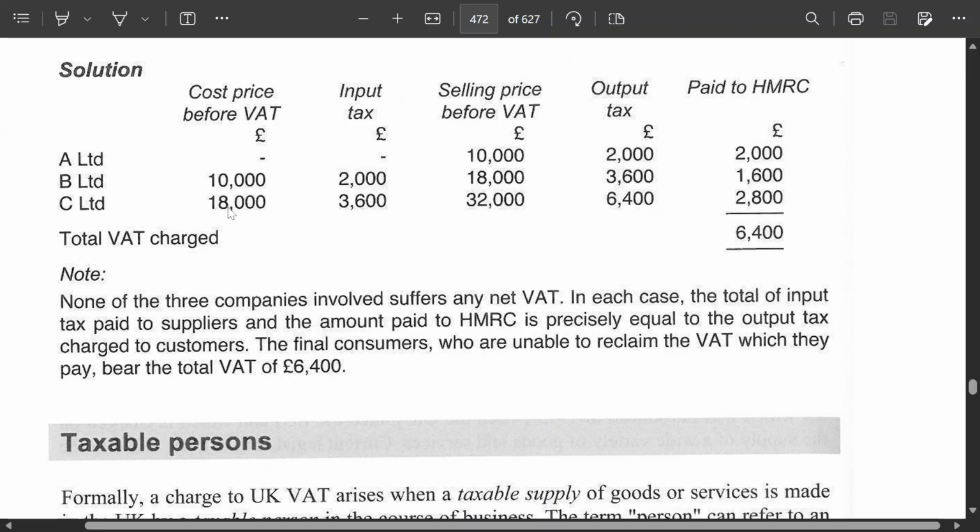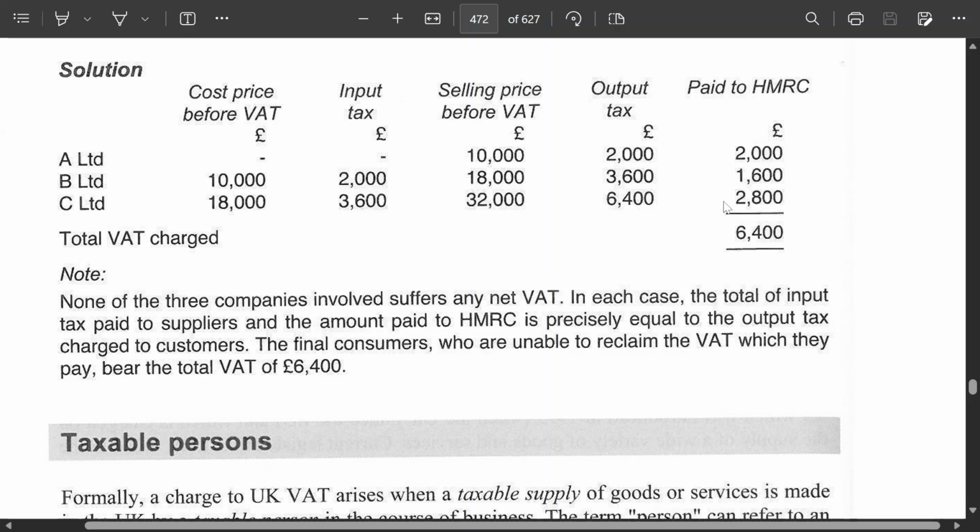Now C also, C is paying this much VAT. So C remembers it, he keeps a note of it. Then C sells to the final consumer at 32K plus VAT. So it's 6.4. But will C pay 6.4 to the government?